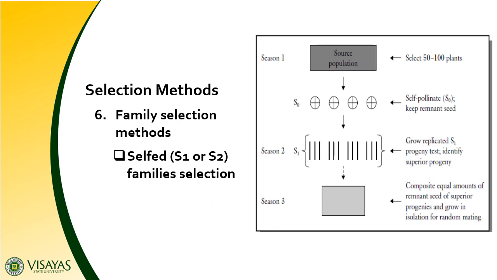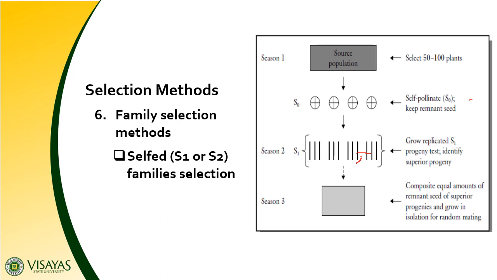So here, you have self-pollination. So with the source population, you allow self-pollination and then you keep remnant seeds. So you set aside some seeds, some remain there. And then you allow these S0 seeds or self-seeds to be grown in season 2. Then out of that, you choose which are the superior progeny in the S1 progeny.